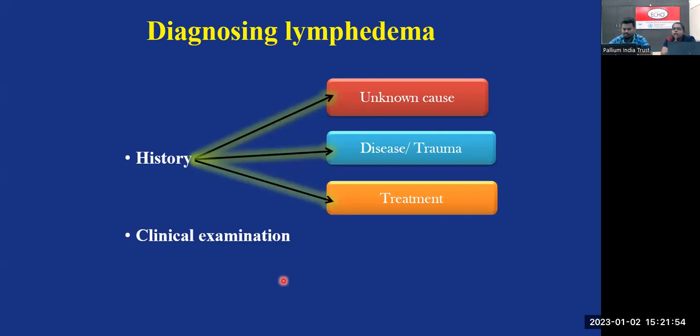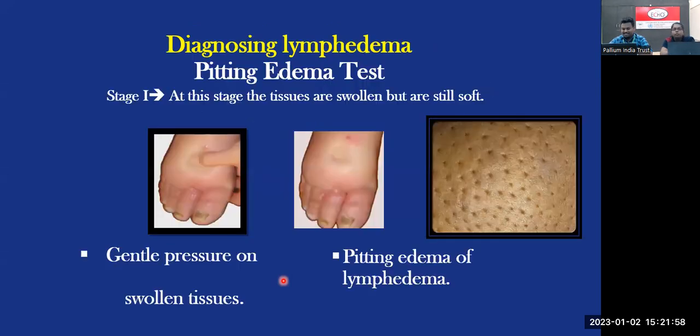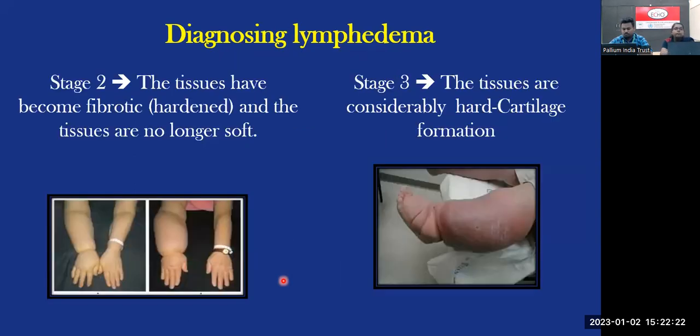After taking a proper history, you should do the clinical examination. There are 3 stages of lymphedema. The first stage is the pitting edema stage. You can see in the images that it looks like orange peel skin. If you apply gentle pressure on that area, you can see your finger marks there. That is stage 1 lymphedema.